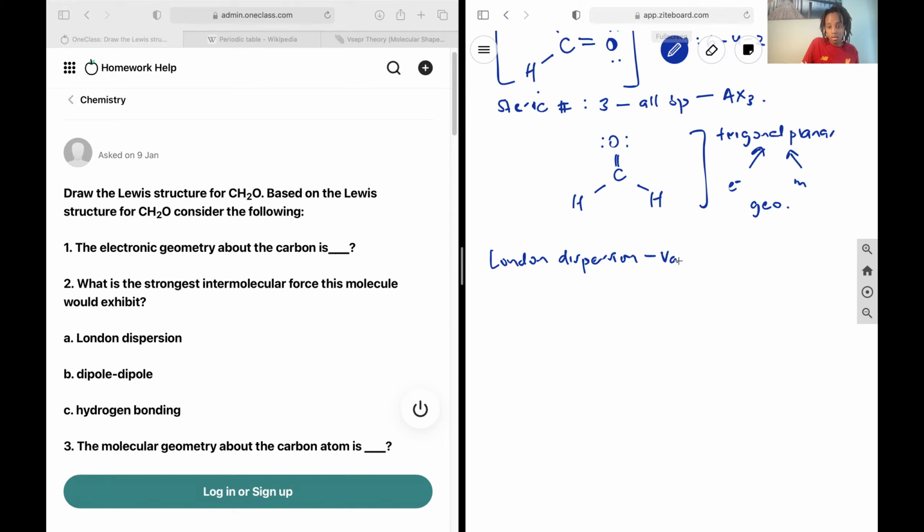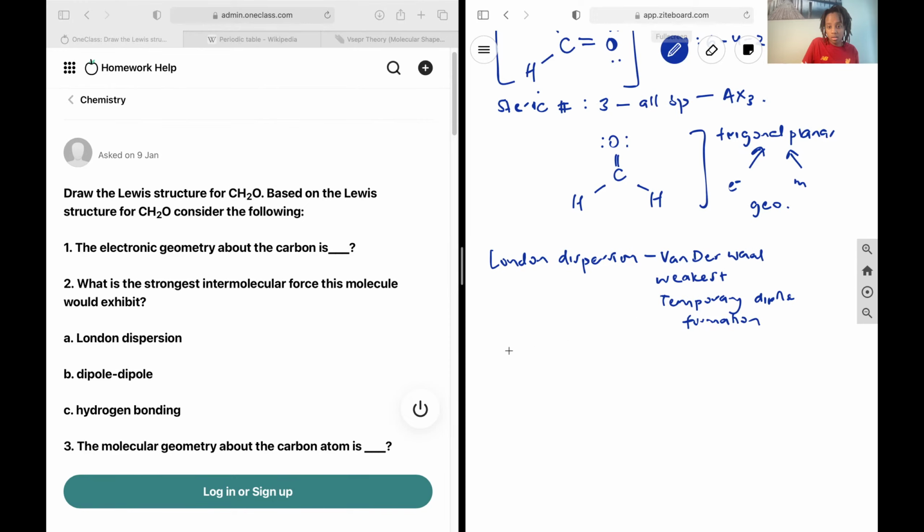These are a form of van der Waals forces, and these are the weakest, and they're caused by temporary dipoles forming. And that's just going to be because of the electrons randomly being in places that would tend to form a dipole.